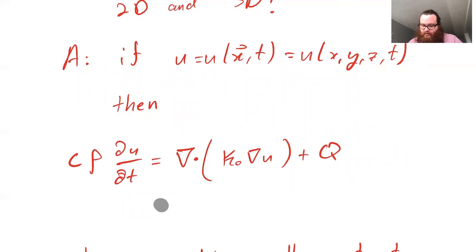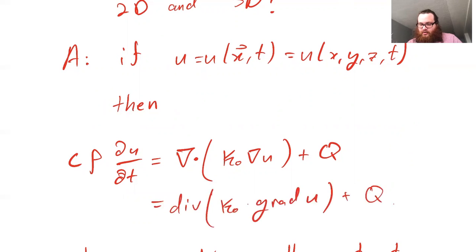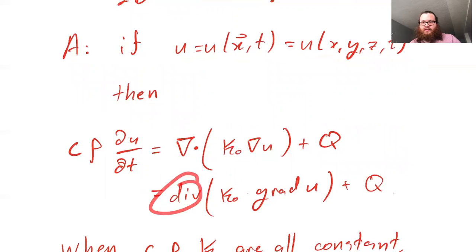If we write out the names of some of these operators, this is going to be the divergence of K0 times the gradient of U. The divergence of a vector field is the dot product of the gradient with your vector field.